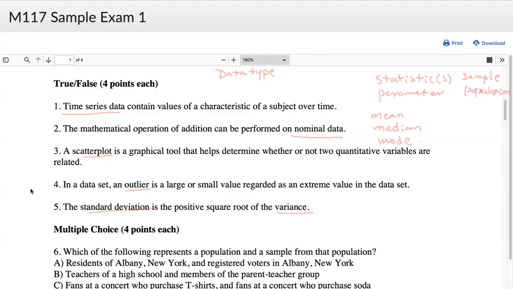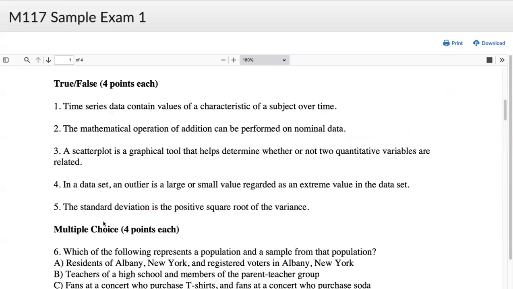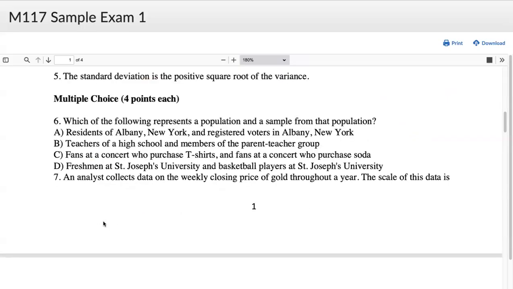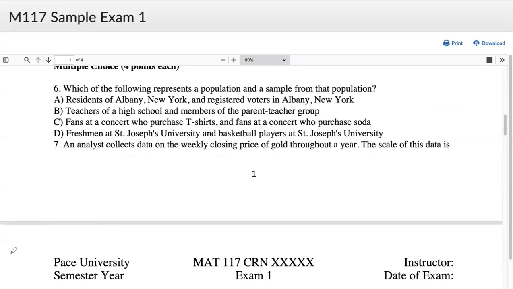Okay, let's see multiple choice. Multiple choice questions. The first one, we need to know population and the sample. So sample is a subset of population. Basically, sample has to be part of the population.